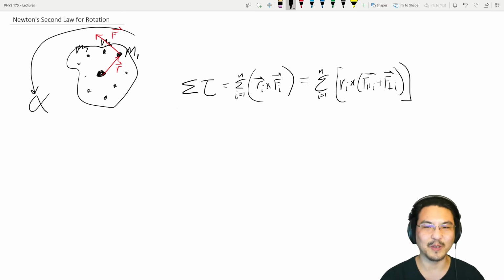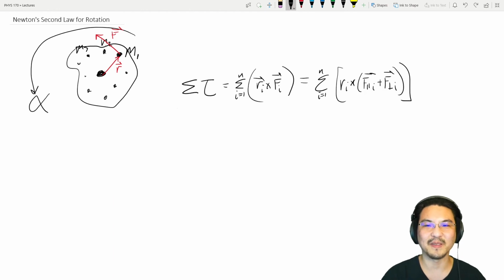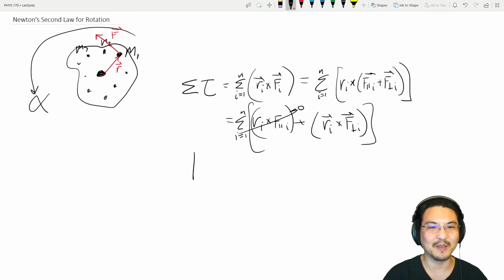And then, if you do distributive property, R cross the parallel component would be 0, because, right, the cross product of parallel vectors is 0, right? So this would be 0. So all you're left with is R cross F perpendicular, which, let's just say, the magnitude.